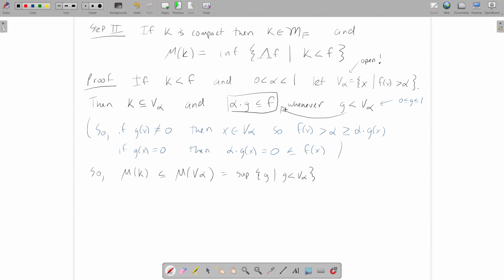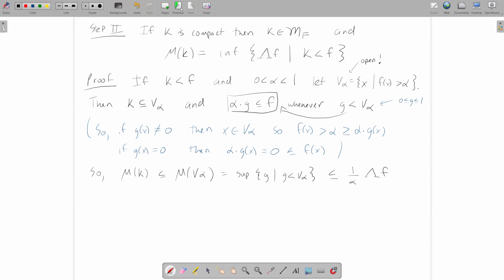And that's true for all g. So that means that this is less than or equal to lambda of 1 over alpha f. Okay.